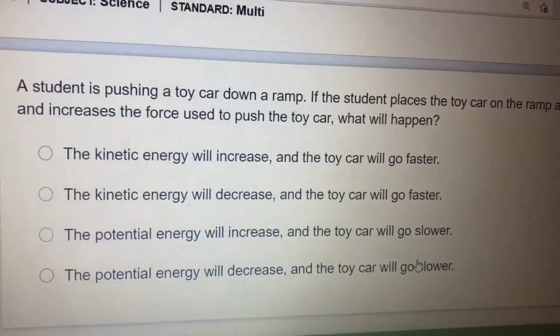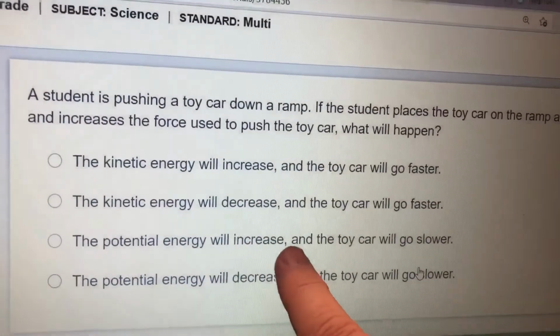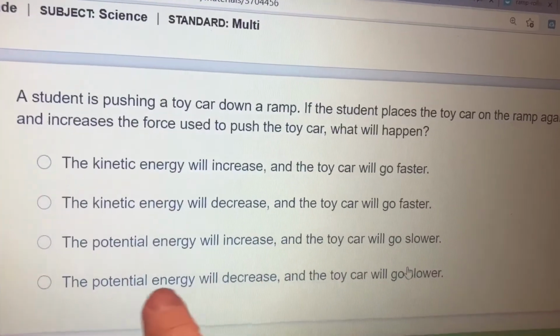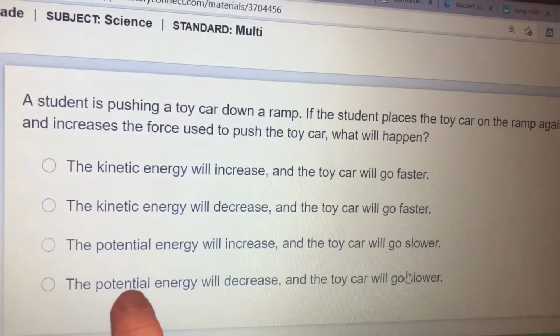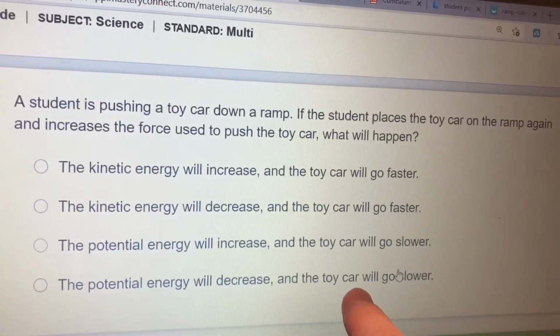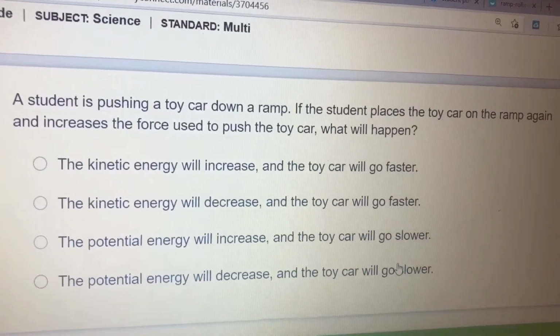Choice number 3: the potential energy will increase and the toy car will go slower. And then the potential energy will decrease and the toy car will go slower.